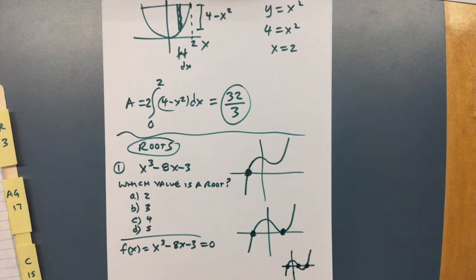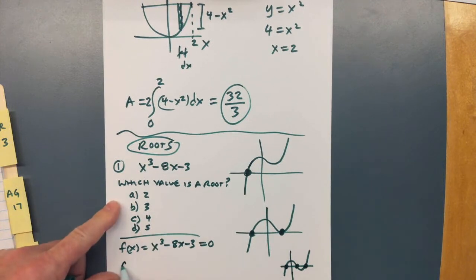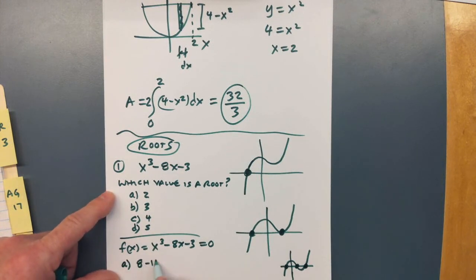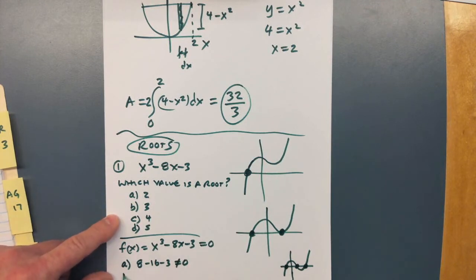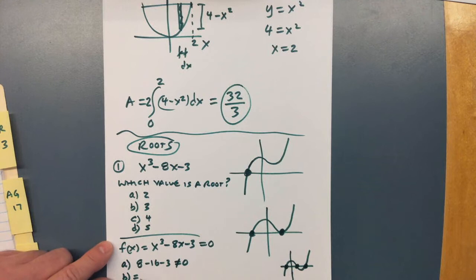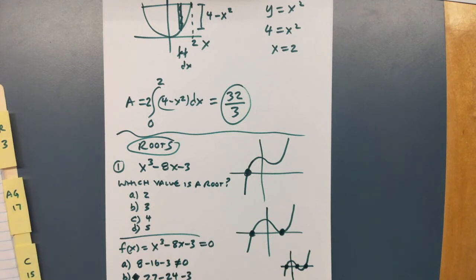And so if one of these values is a root, then it satisfies this equation. The easiest thing to do is just to substitute each one in and try it. So for A, you'd get 8 minus 16 minus 3, which clearly is not 0. For B, you get 27 minus 24 minus 3, which is 0.